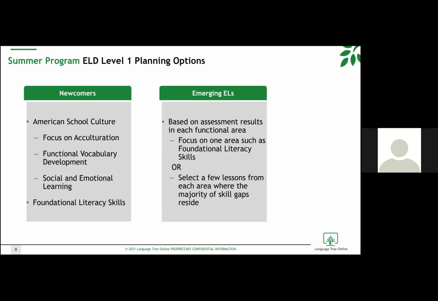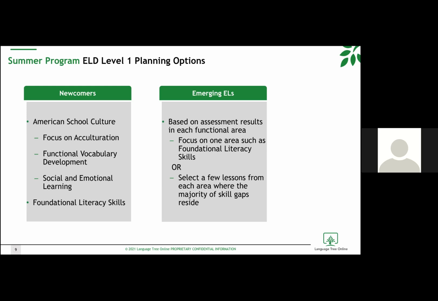So let's talk about how we would suggest implementing the summer program. When we talk about the ELD Level 1, which we're focused on today for the sake of this webinar, for our newcomers and our beginning English learners, there's 2 ways you could do it.